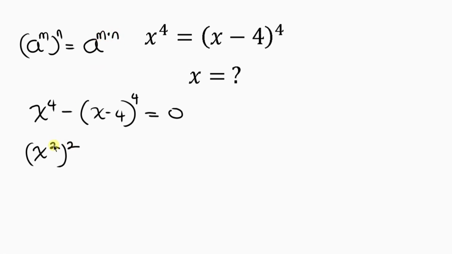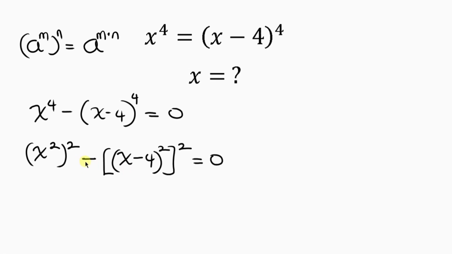So that means when I multiply 2 times 2, it gives back 4. Minus, we're going to be writing this the same way as this. So this will be (x minus 4) all raised to the 2. And we're going to raise this again to the power of 2 to make it 2 times 2, 4. And this is equal to 0.